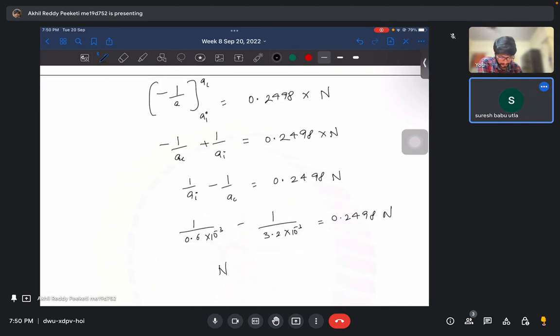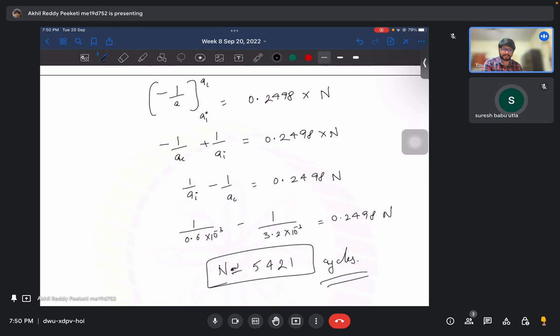So this would give n as 1000 by 0.24 into 1 by 0.6 minus 1 by 3.2. So 5421 almost. So these are the number of cycles you need to do till the failure.